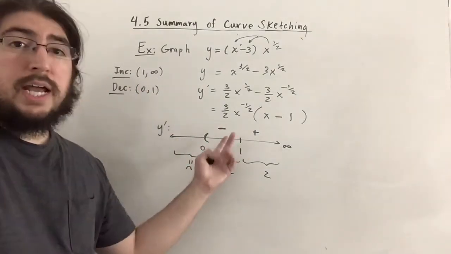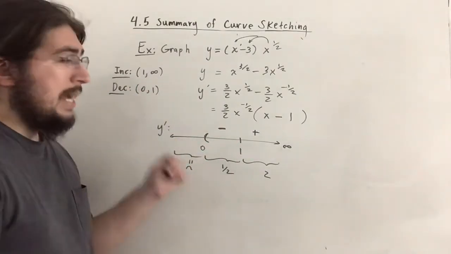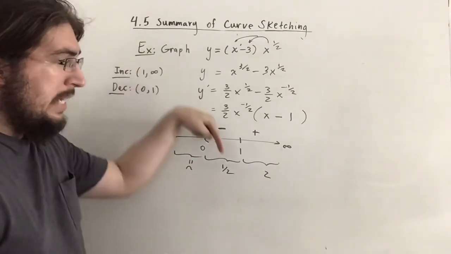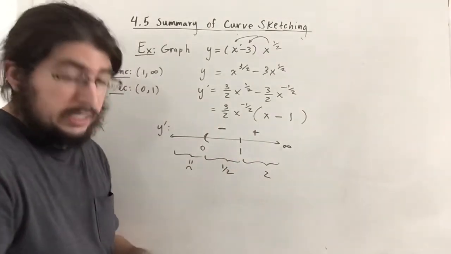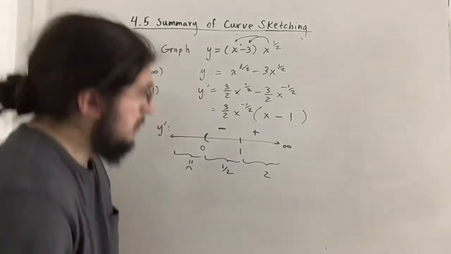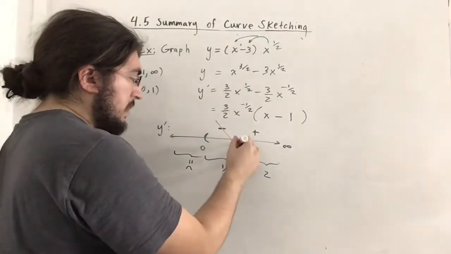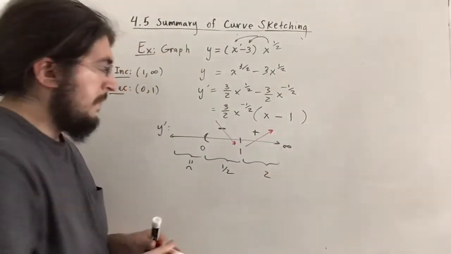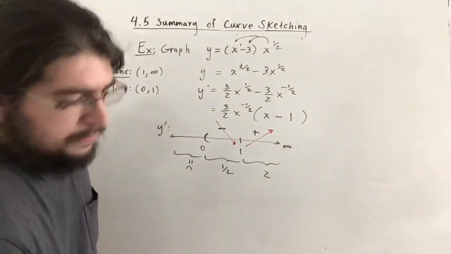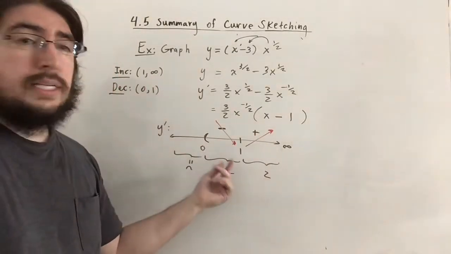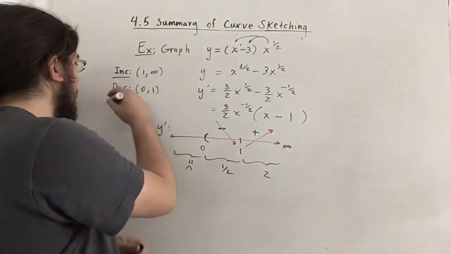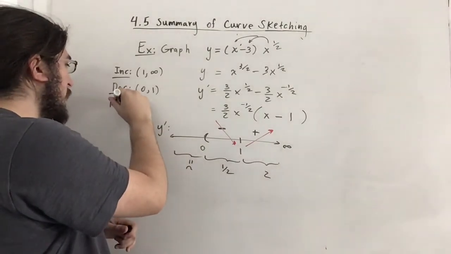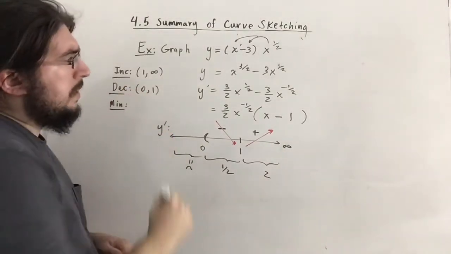And notice there's a sign change here, so we actually have a max or a min. Since we're going down and then going up, which is honestly the best way of seeing it, which I wish I could have shown in the previous example, but that's okay, I explained it in words. Still, going down and then going up implies there's a minimum here. So there's a local minimum. It may actually be an absolute minimum, but who knows?